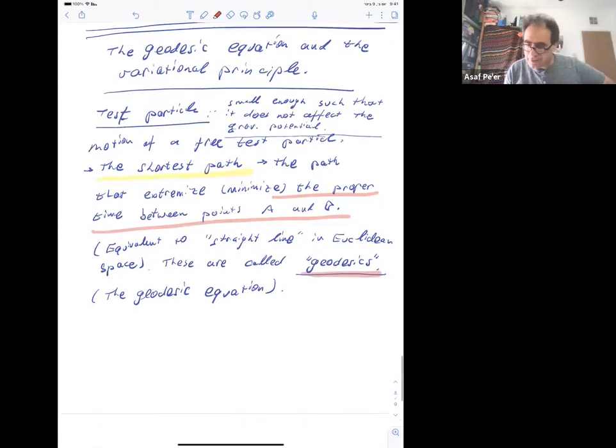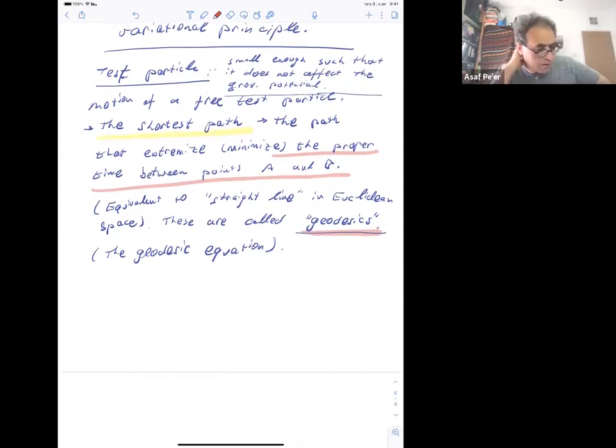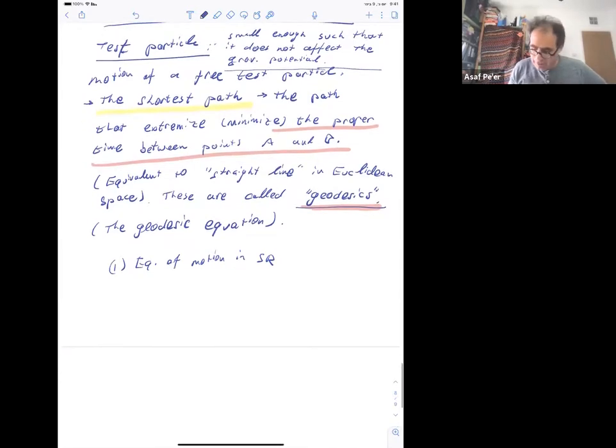Okay, so let's actually do it, right? So let's start from the simplest one, from the equation of motion in special relativity from the variational principle.